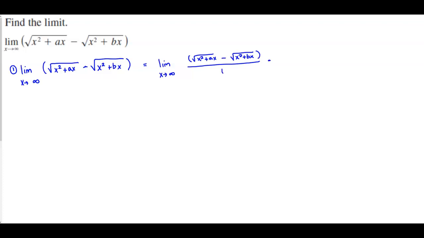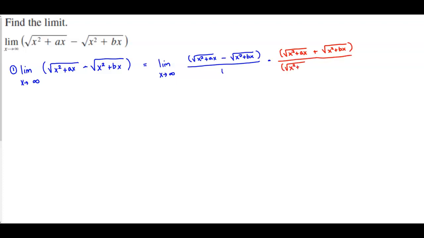And so we want to multiply by its conjugate. The conjugate is the square root of x squared plus ax plus the square root of x squared plus bx, and the same thing in the denominator.